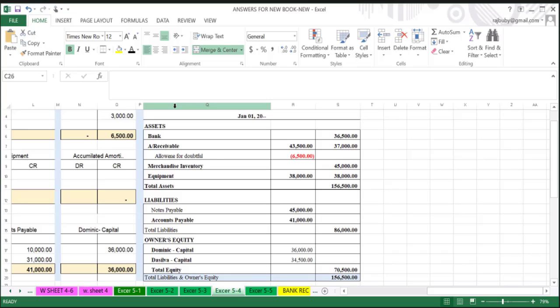After the books were closed on August 31st, the following summary accounts remained. Cash is 6,000. Non-cash assets is 110,000. Accounts payable is 25,000. S. Anderson capital is 30,000. J. Hinton capital is 20,000. R. Amistad capital is 41,000. Right?